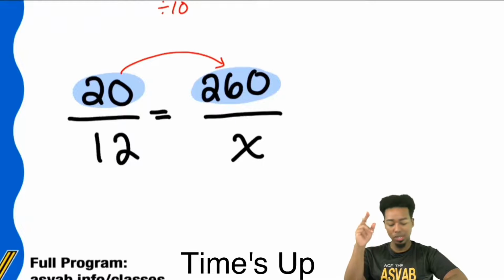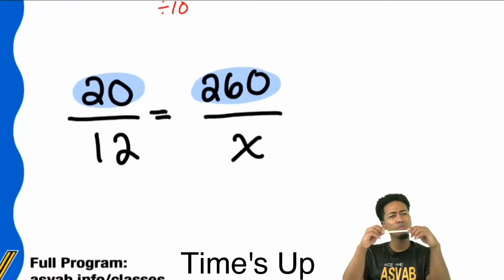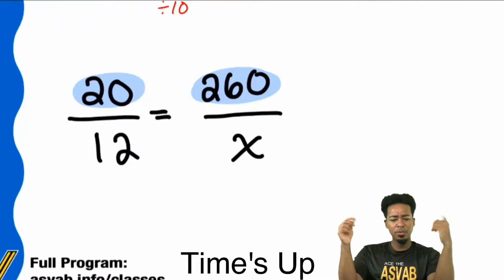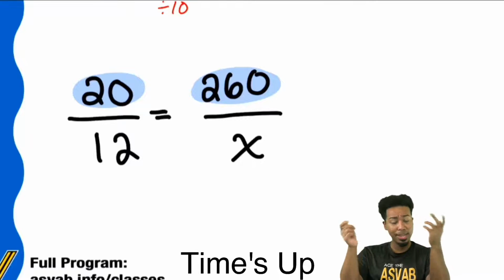But even if you don't see it, everybody, here's what you can do. Everybody, 20 and 260, they both end in 0. If you have two numbers that end in 0, what are they both divisible by? Two numbers that end in 0 are both divisible by 10.